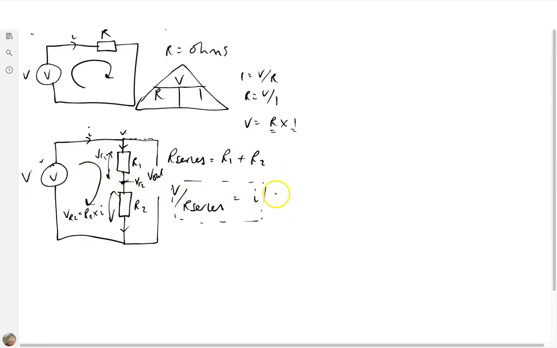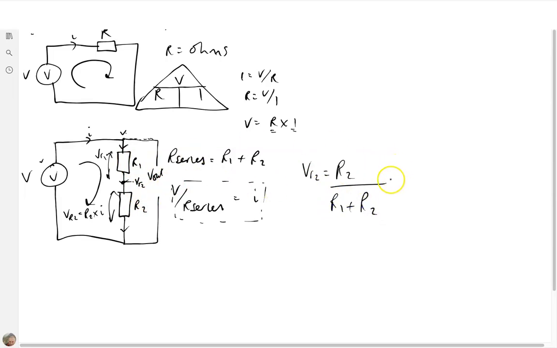A good way of remembering this is to think about whichever resistor you are measuring. We call that the resistor of interest. And then we've got the total resistance in the circuit. So if we want to rewrite this VR2, we could say VR2 equals the resistor of interest, which is R2, divided by the total, which in this case is R1 plus R2.